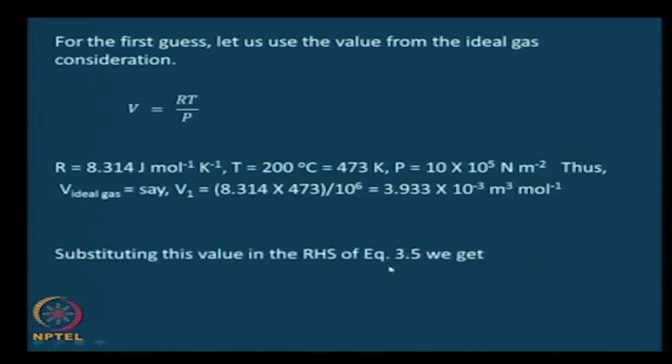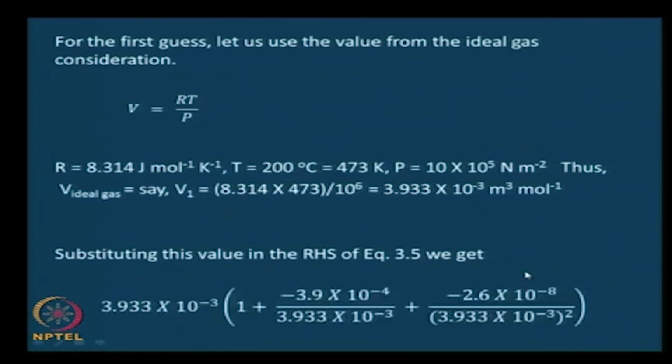Substituting this value into the right hand side of the earlier equation, we had set up the iterative volume equation there: 3.933 into 10 power minus 3 V plus into 1 plus C2 by V plus C3 by V squared.